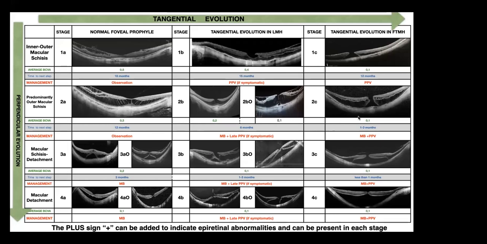It's only in stage C, where there is a full thickness macular hole, that you need an ILM flap, because remember, the macular buckle can reattach the fovea, can reduce the schisis, eliminate the schisis, but cannot close a macular hole. If you want to fully close a macular hole, you have to go from the inside, and that is the indication for vitrectomy and maneuvers on the hole.